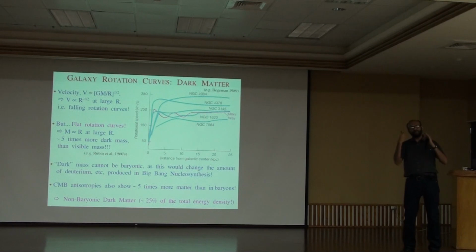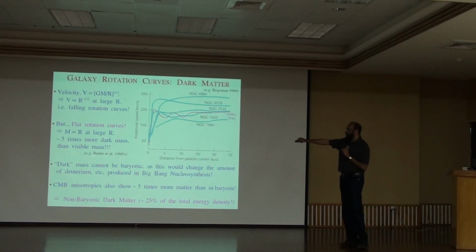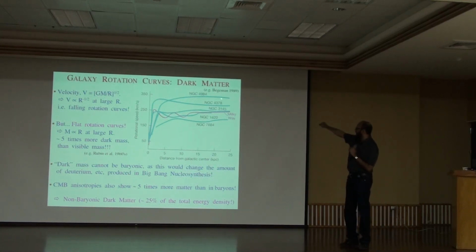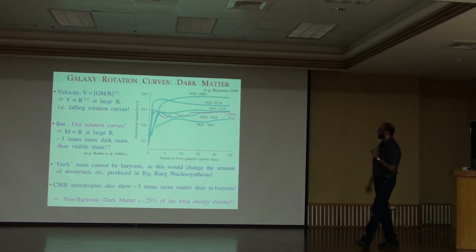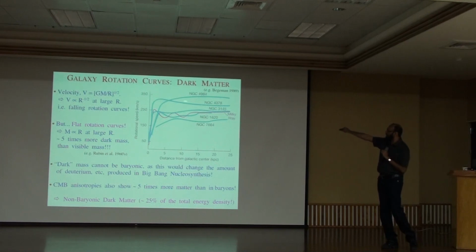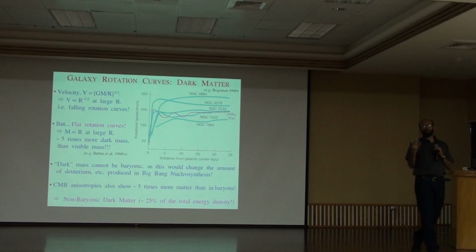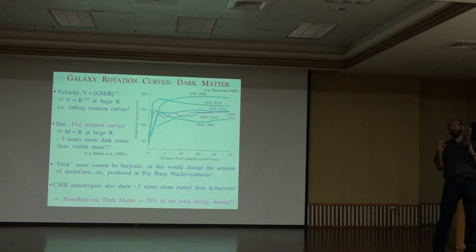There must be about 5 to 10 times more matter in this dark mass, which you don't see, than you see in stars or gas. And this we have known since the wonderful work of Vera Rubin in the 1960s, and then work by Albert Bosma and company in the 70s and 80s. That rotation curves of galaxies are flat implies 5 to 10 times more dark mass than visible mass.